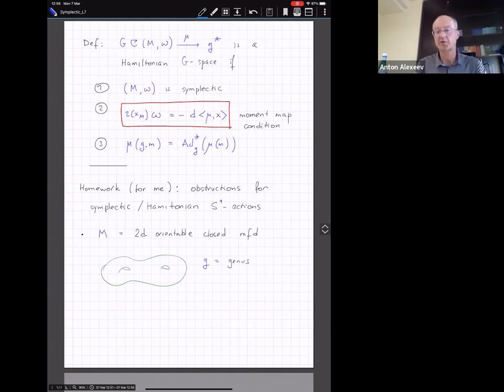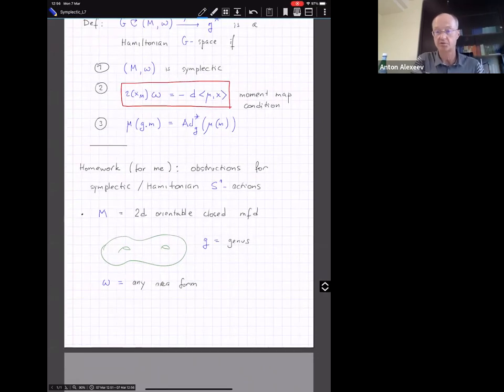All such two-dimensional orientable manifolds are symplectic, and the symplectic form is just any area form.